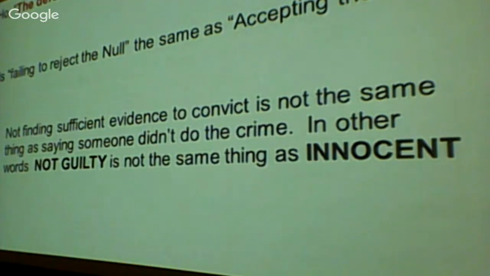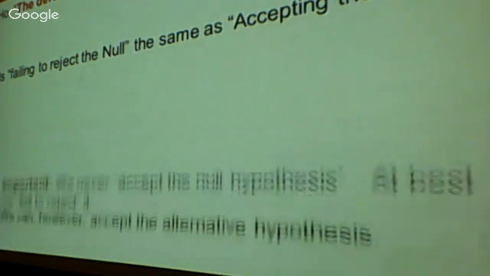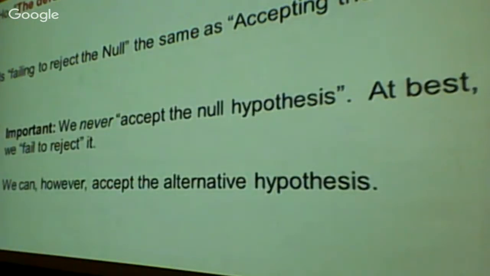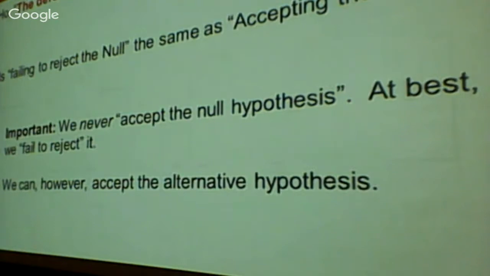Does anyone not get that? It's kind of a key concept. There's a logical issue here. Failing to reject is not the same thing. This is a positivist assertion that I know truth. I don't know truth. I just fail to know lack of truth. I fail to know falsity. Okay? Is failing to reject the null the same as accepting the null? No, it is not. We never accept the null. At best, we fail to reject it. However, we can accept the alternative.